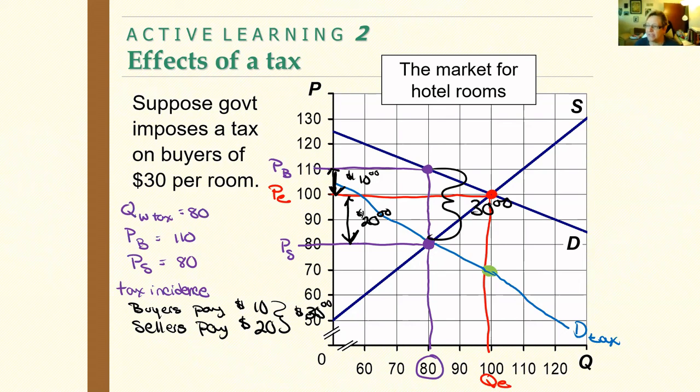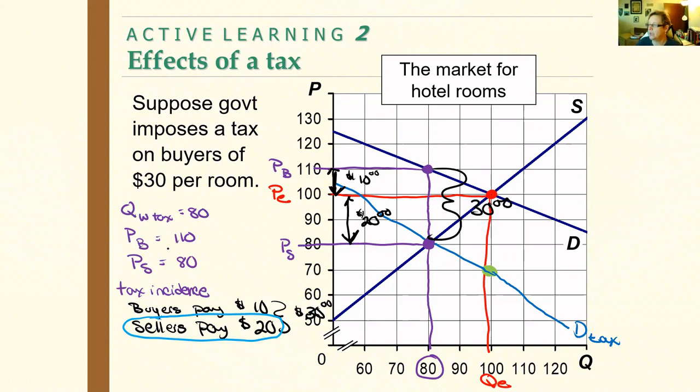But through tax incidence, I can definitely make the statement that the sellers are the more inelastic side of the market. Why? Because they're paying a higher portion of the $30 tax.